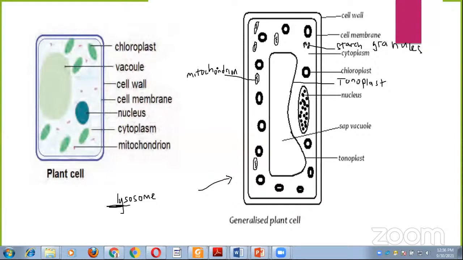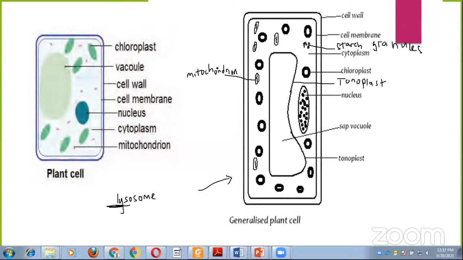Yes, Fahad. Teacher, does the plant cell have starch grains? Yes, a plant cell has starch granules, especially if it has been photosynthesizing.